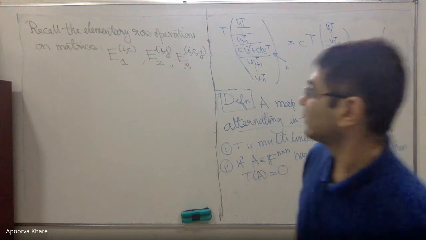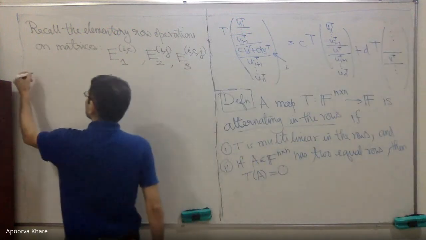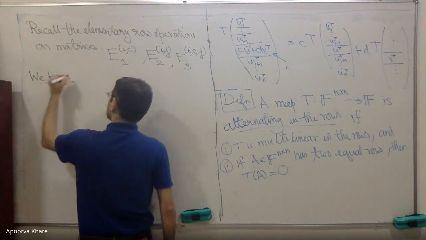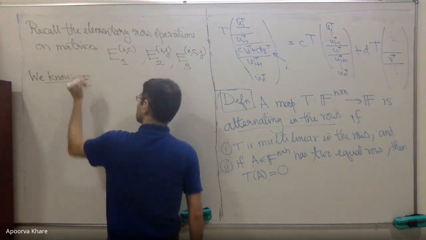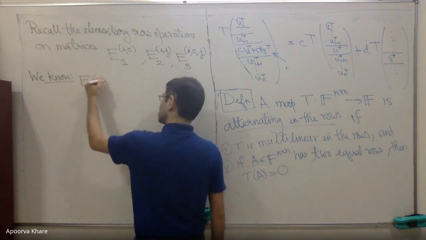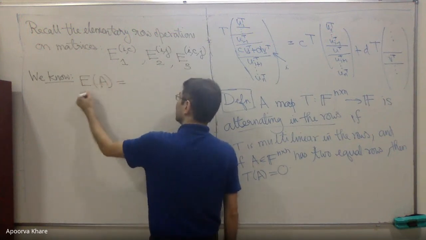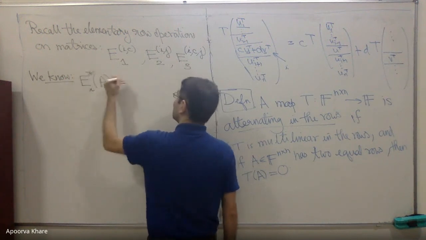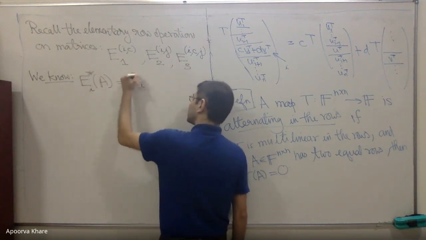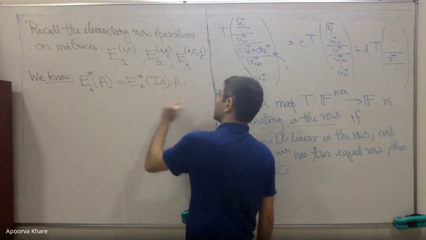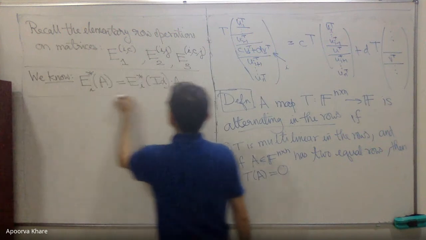Right? And what did we know? We had already seen that applying any of these row operations to a matrix is the same thing as applying that row operation to the identity matrix and then multiplying it by this matrix.